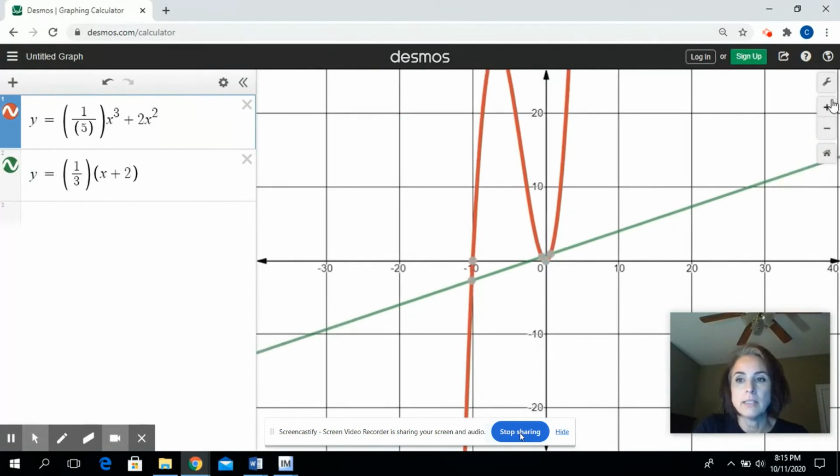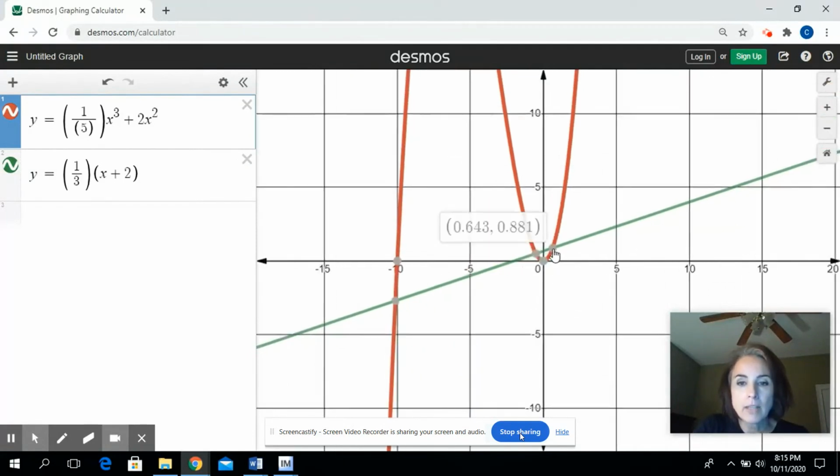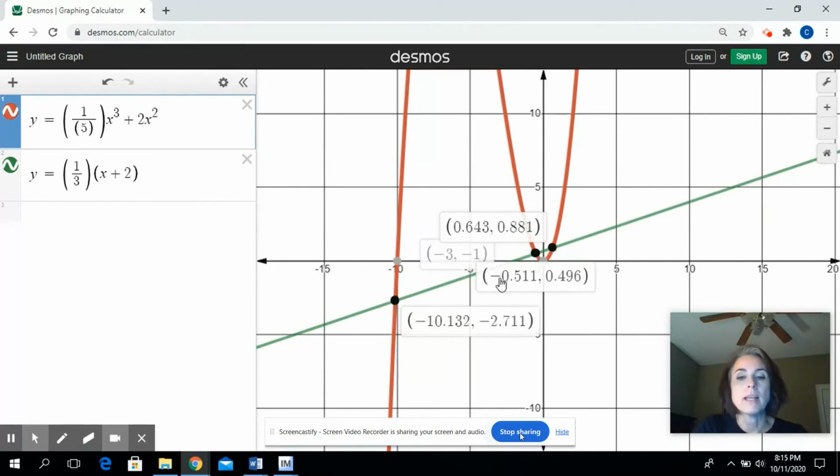And look, I did need to go out a little bit more, because look what actually happened. It's actually intersecting at 3 different places. So not only is it 0.643 and negative 0.511, it's also at negative 10.132.